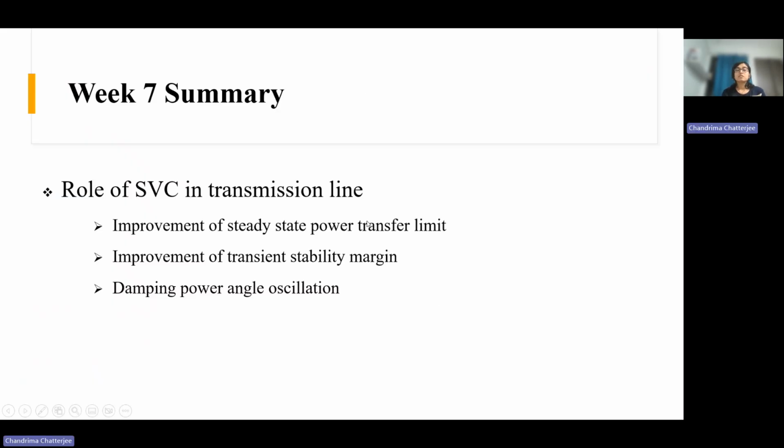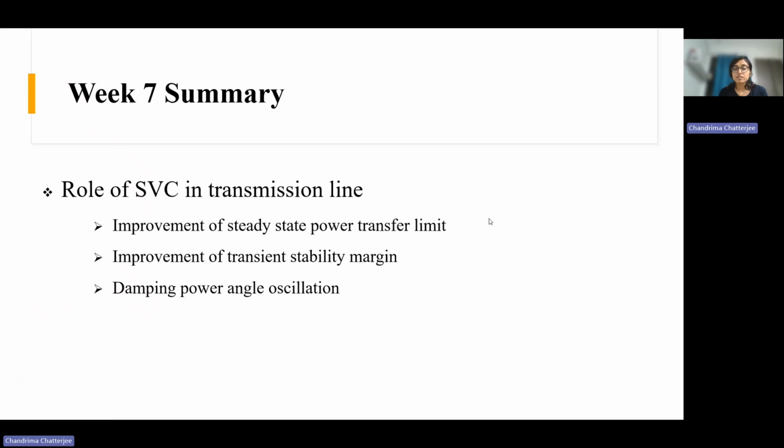In last week, we studied different types of static var compensator. What were the different types? First there was FC-TCR, that stands for fixed capacitor thyristor controlled reactor. So the capacitive part is fixed, but the reactor we can control by controlling the thyristors.